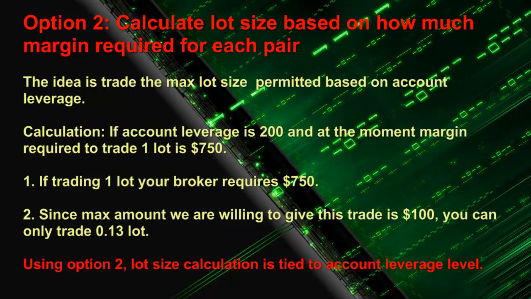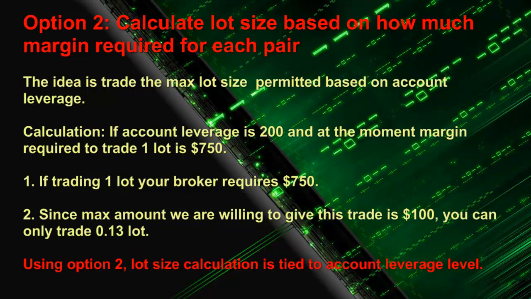If you trade any more than this lot size, then it's going to require more than $100 margin. So this is the maximum amount you can trade based on your account margin. Well, of course, based on you only being willing to risk $100 on the next trade.